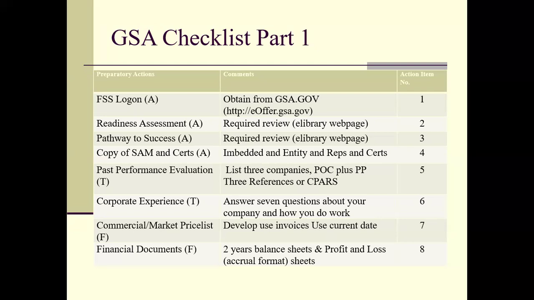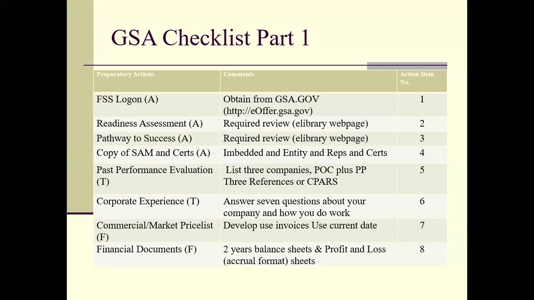You want to use the current date on this market price list. They want to know that you've done things that are current, and that indeed these are the elements that you've put forth and done the research. And then again, we've talked a little bit about the financial documents.